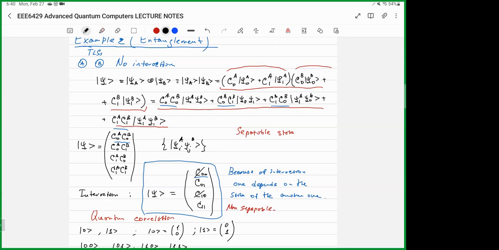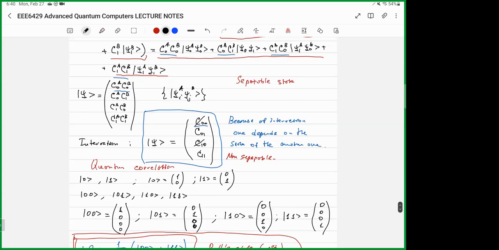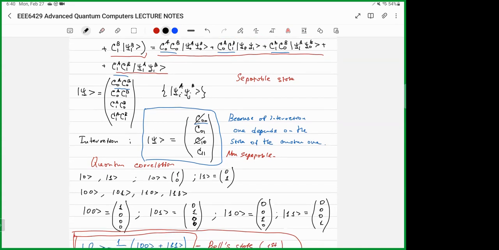For example, if we talk about the system of 2 qubits, then the resulting operators will be 4 by 4 matrices instead of 2 by 2, as in the case of one single qubit, and the state vectors become vectors with 4 elements, right?